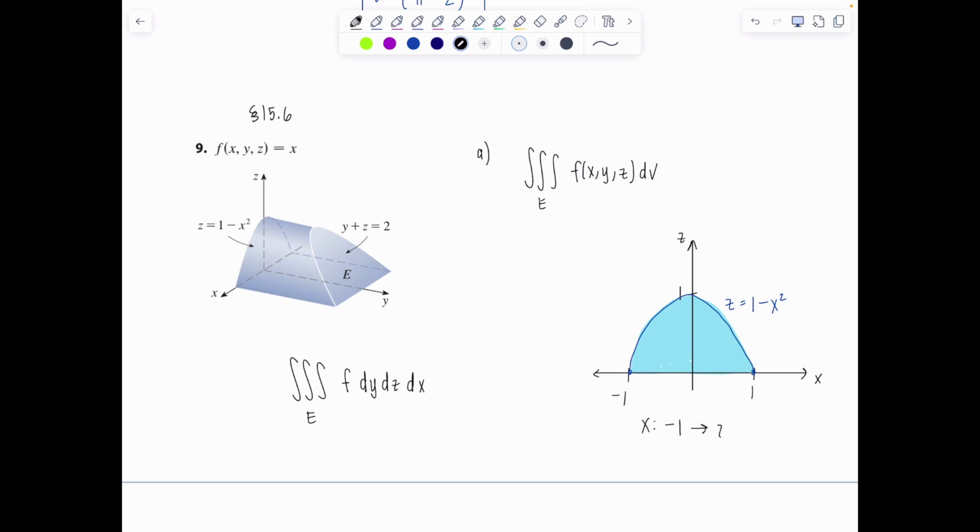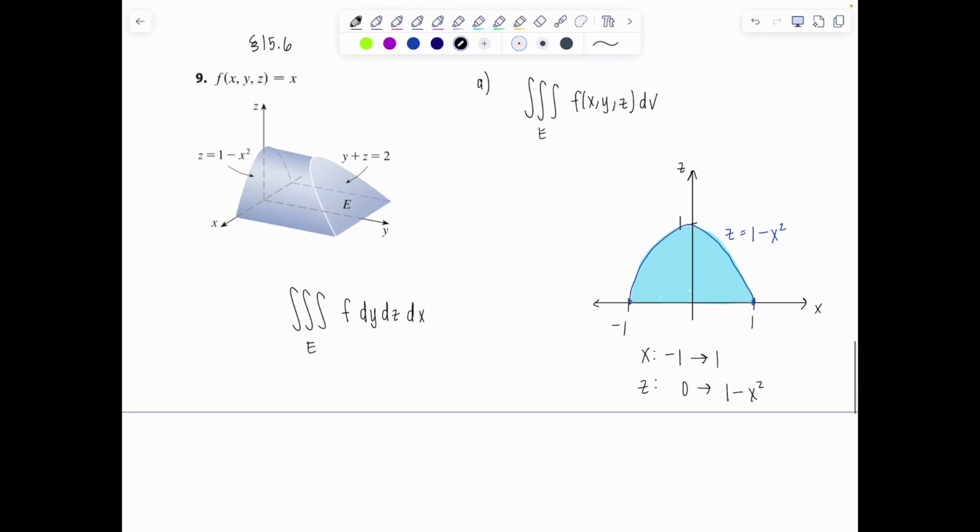And then z goes from 0 to 1 minus x squared. Good. Then we look at the 3D graph to get the limits for y. So pretend you shoot a bullet through it. It enters when y equals 0, and it exits when y equals the plane, 2 minus z. Very good.